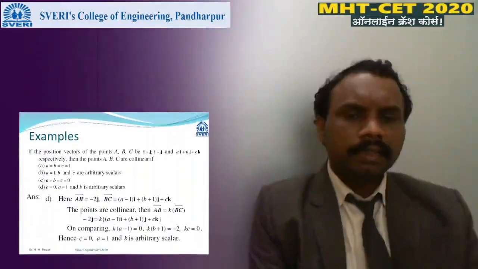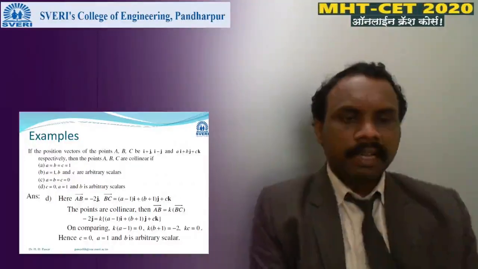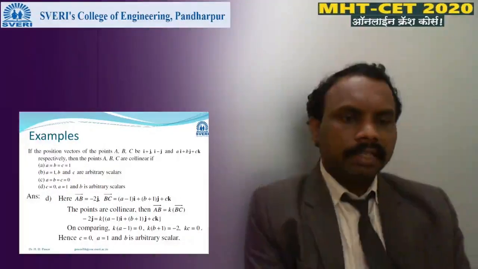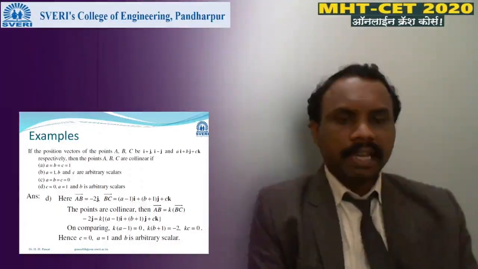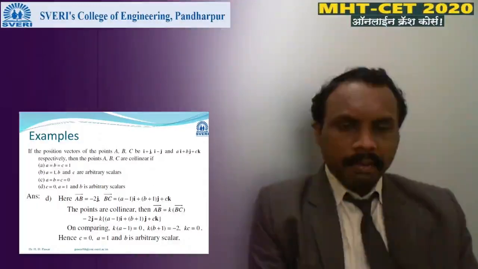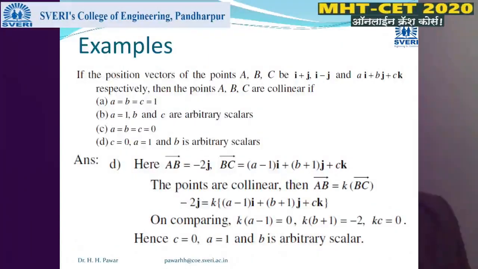Next example: if the position vectors of the points A, B, C are i plus j, i minus j, and ai plus bj plus ck respectively, then the points A, B, C are collinear if... here AB bar is obtained by b bar minus a bar, which is equal to minus 2j, and BC bar is obtained by c bar minus b bar, which is a minus 1 i plus b plus 1 j plus ck.